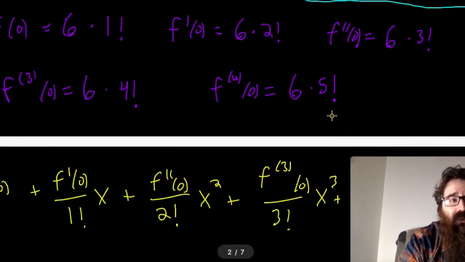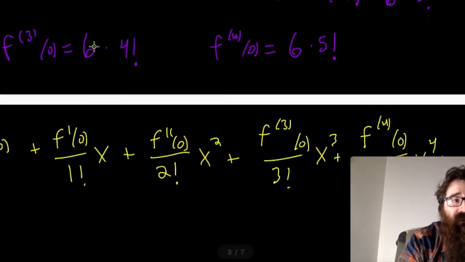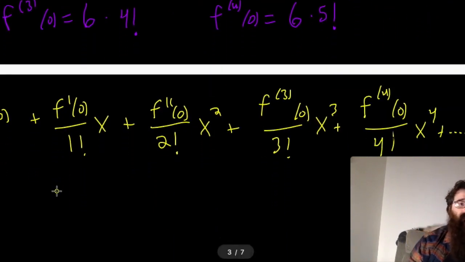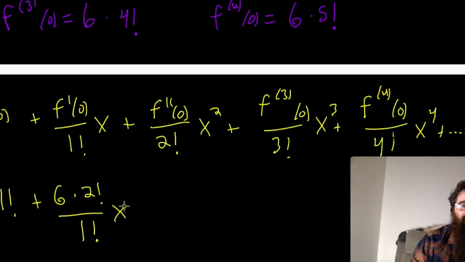And now I want to include what I have for the problem. So we said f at 0 was 6 times 1 factorial. Plus f prime at 0 was 6 times 2 factorial, and then divided by 1 factorial. I don't want to forget to divide by these factorials. And I don't want to forget my x terms as well, my power terms.